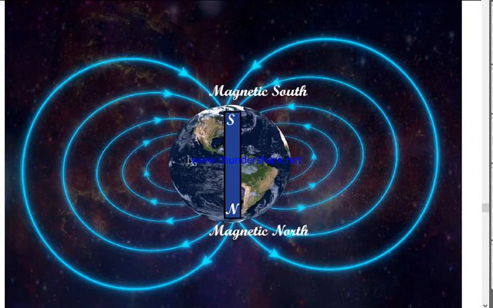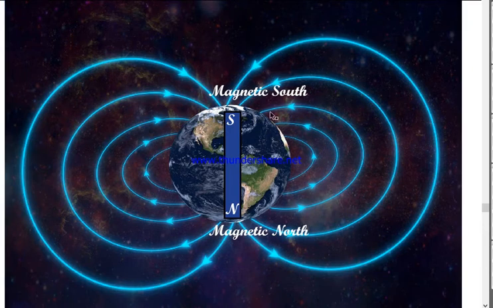Well, the north pole of magnetic earth, or the magnetic north pole of the earth, is in the south, and the magnetic south pole of the earth is in the north. They are just opposite.